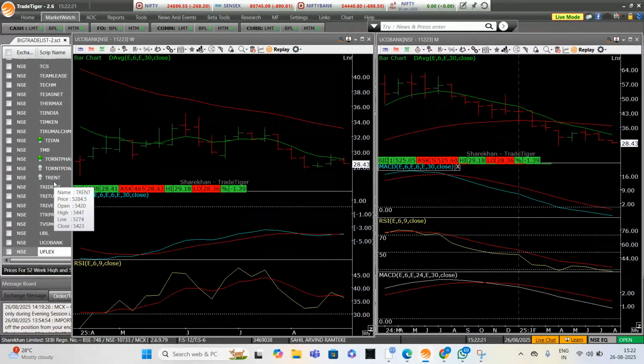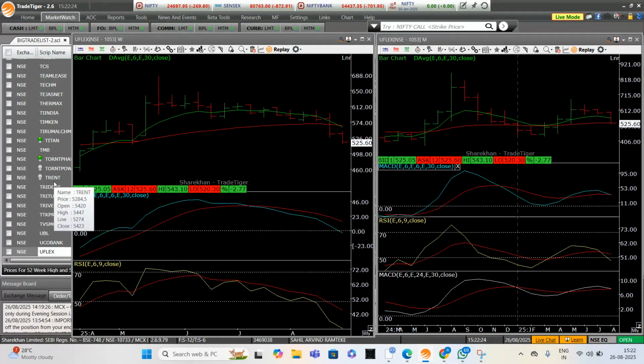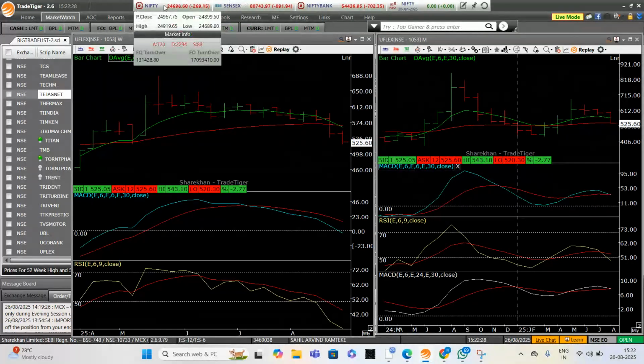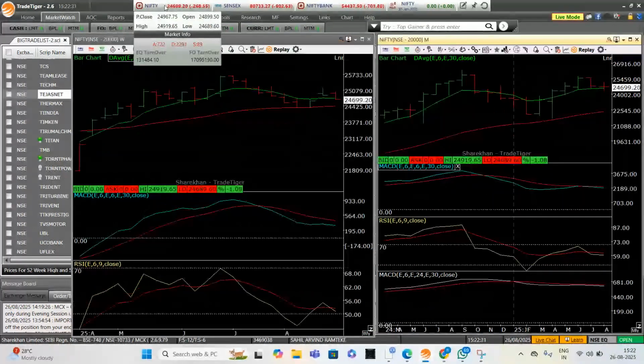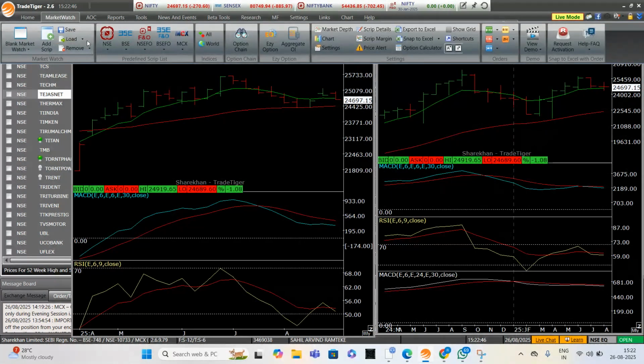If you go to the Nifty, you can see weekly weakness is going on. The Nifty MACD is down in the weekly, and monthly also you can see the MACD is down in the Nifty. That is why we are not getting many stocks in the list.